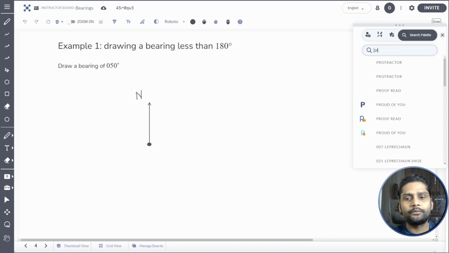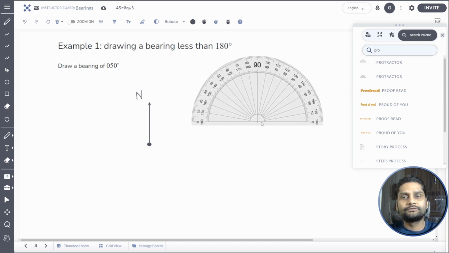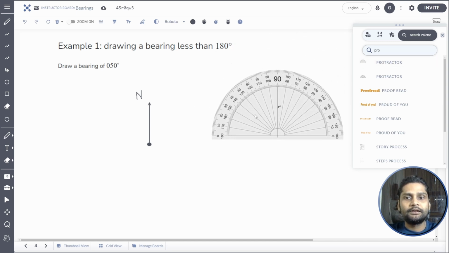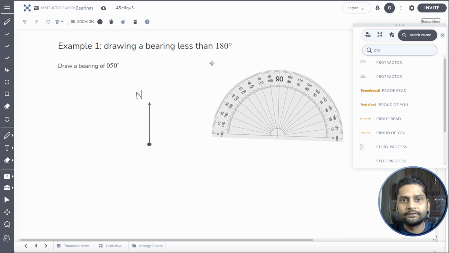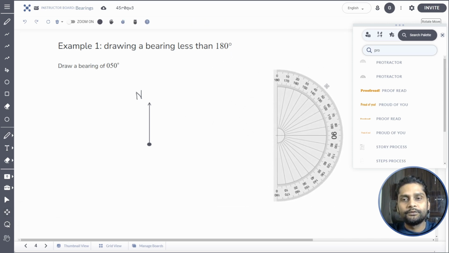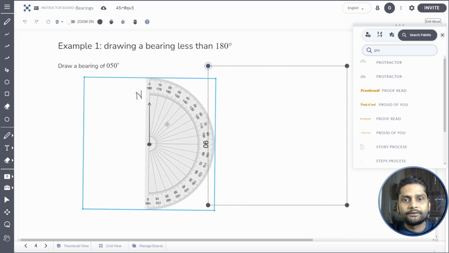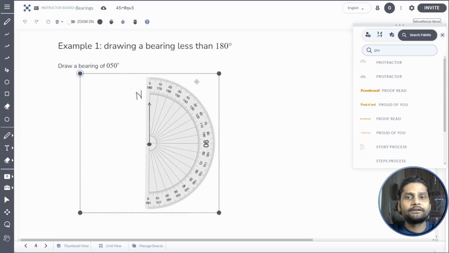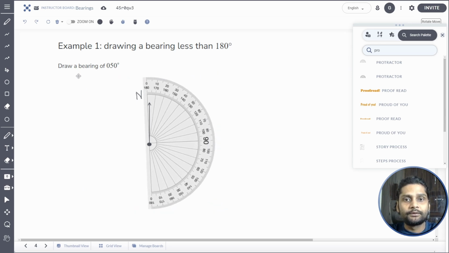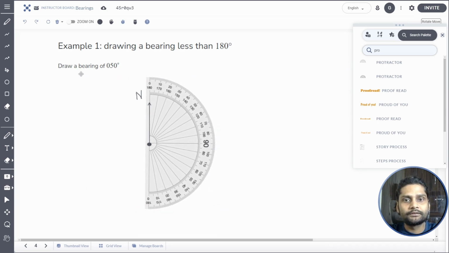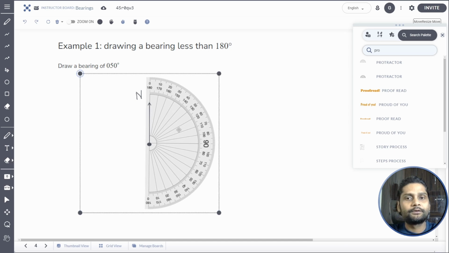If you want to do this practically, then we may have to use a protractor, and right now the question asks you to plot a bearing of 50 degrees. So you have to make sure that from the reference point your north line is at 0 degree angle. This is how we consider that the north line is at 0 degrees, and now the bearing we need to consider is 50 degrees.